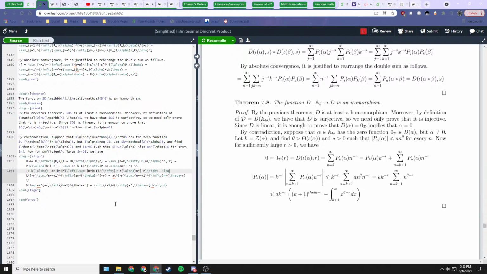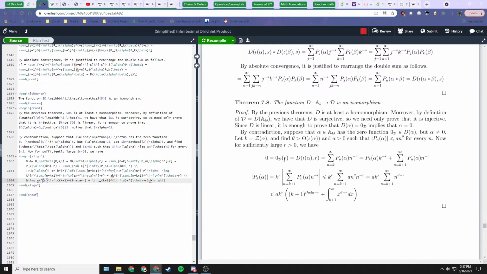So these should be positive, positive, and positive here. I think that's correct. I think that's all of them. Also, I didn't do a slash here.